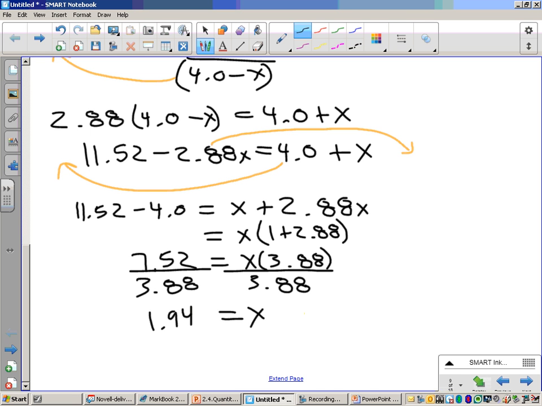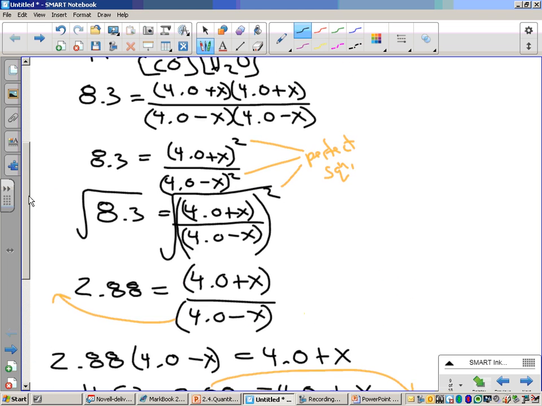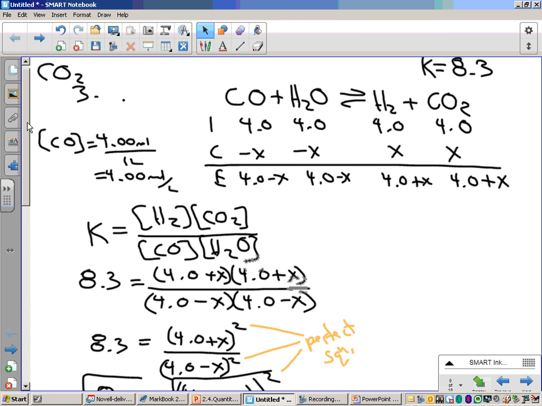Moving back to the top, I can now finish the question. Does it ask for the concentration of all of the gases at the end? So now I can make a little therefore statement, and you'd put it at the bottom.